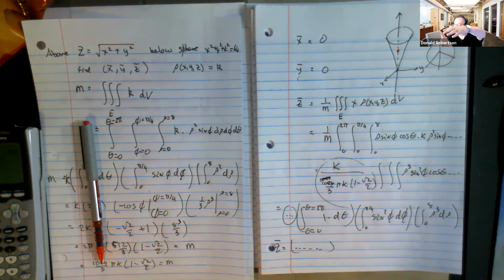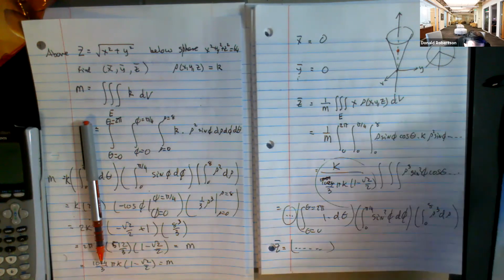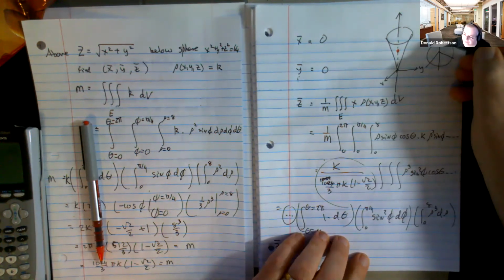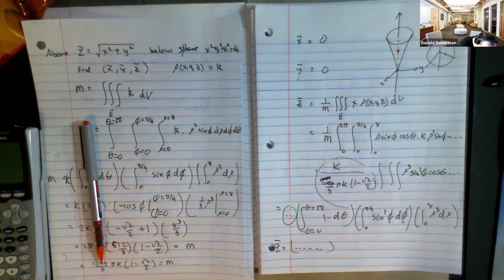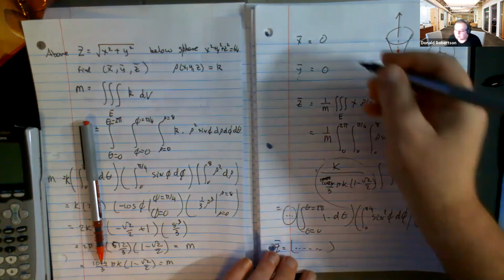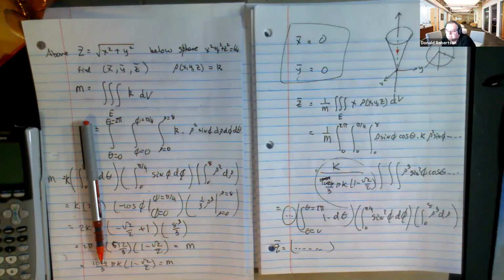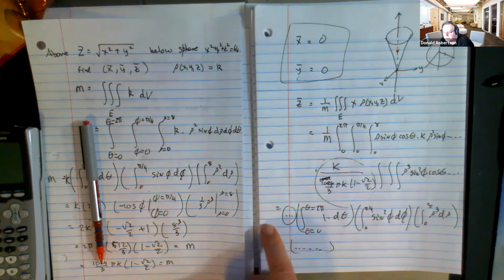And so for that argument, if you're asked to find the center of mass of a spherical object using spherical coordinates, X bar and Y bar will almost always be 0 and 0. So at least you only need to find out what the horrible Z bar is.